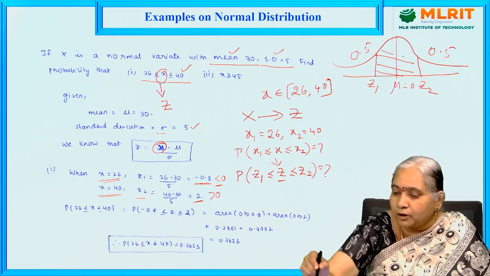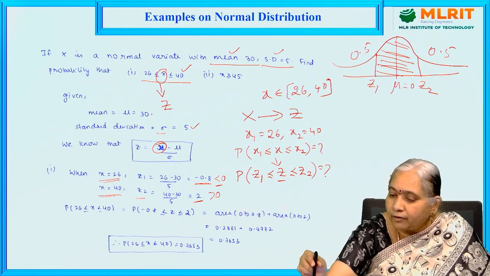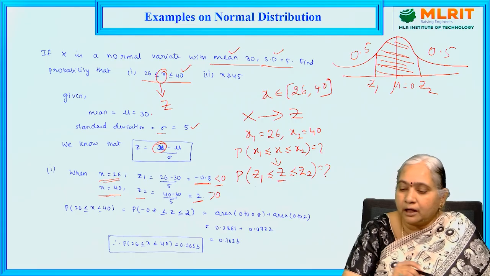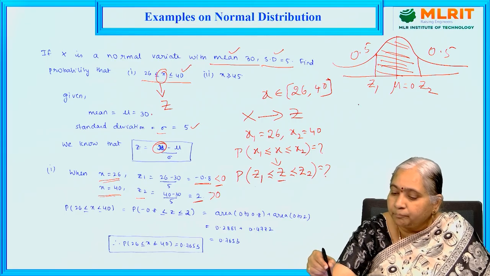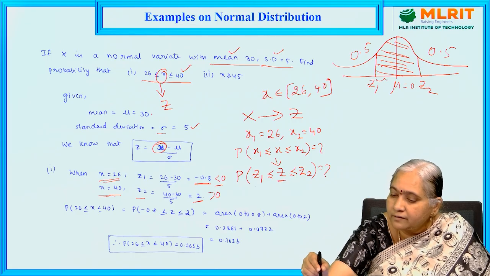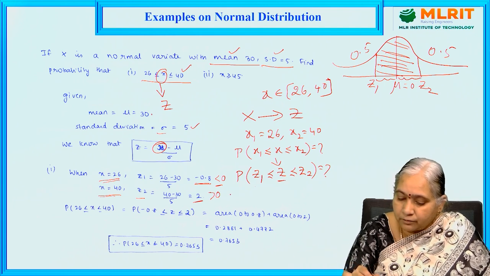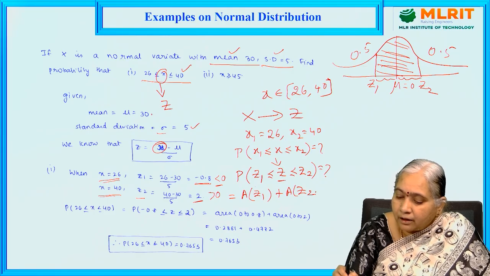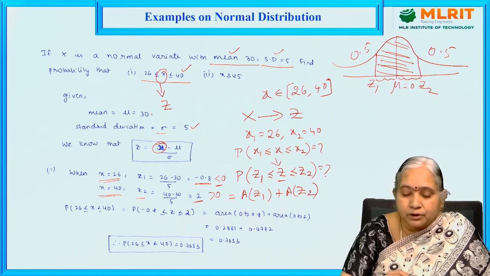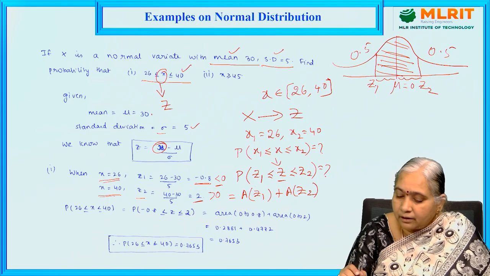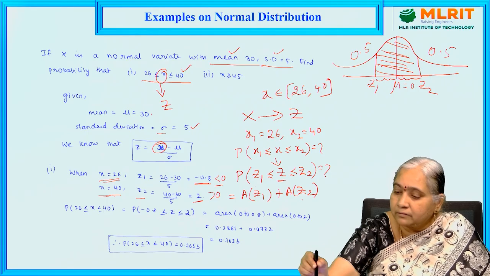This probability we have to calculate. Again, to find it we take the formula: this probability is the area from 0 to Z1 plus the area from 0 to Z2. So this value is equal to area of Z1 plus area of Z2.